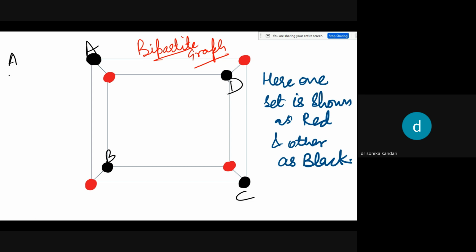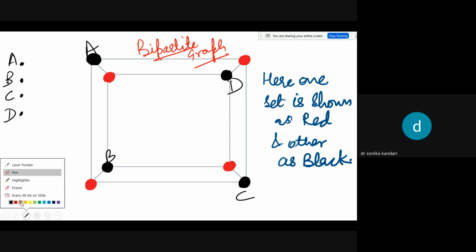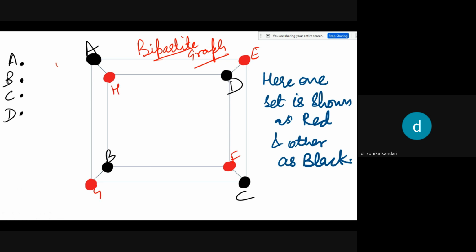One set is A, B, C, D, represented in black. And the other group is E, F, G, H, represented in red.